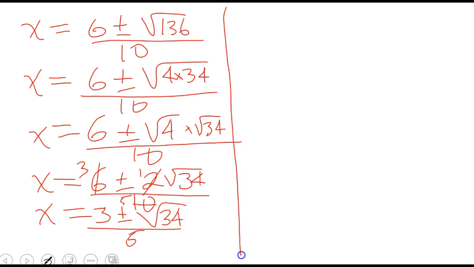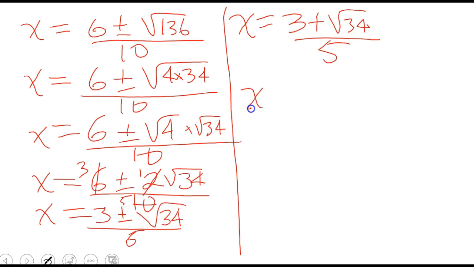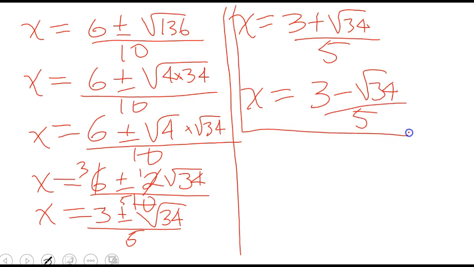So now we have x equals 3 plus square root of 34 over 5, and x equals 3 minus square root of 34 over 5. That will be our solution, those two.